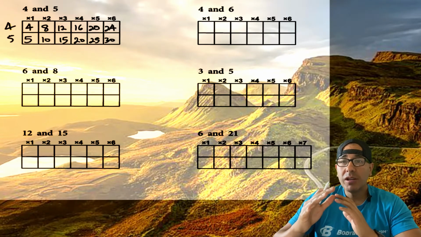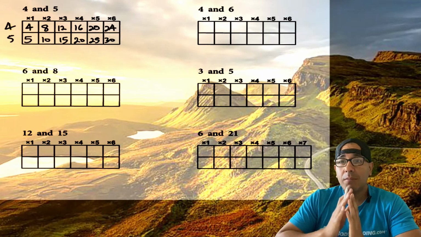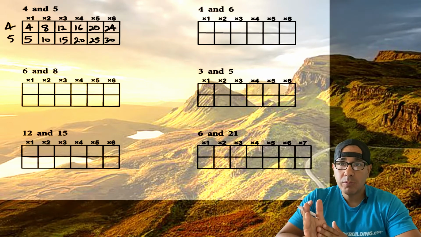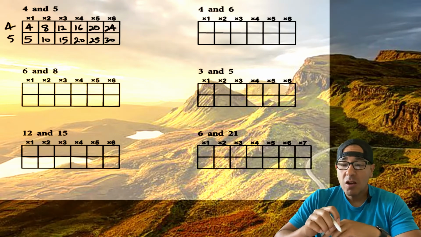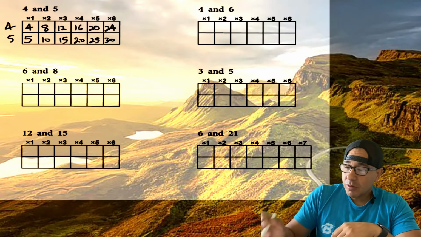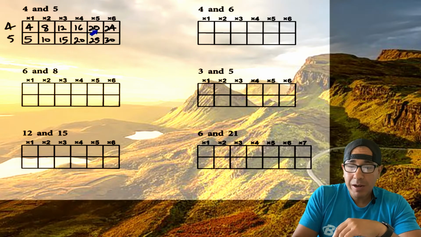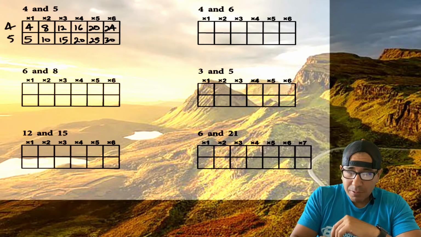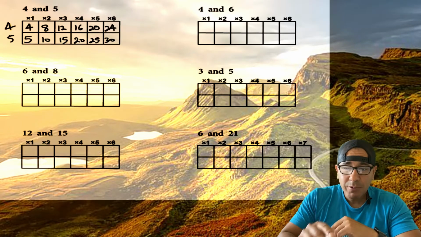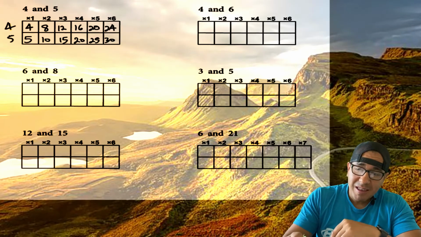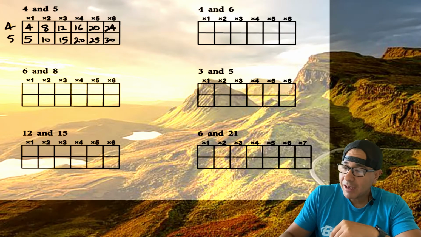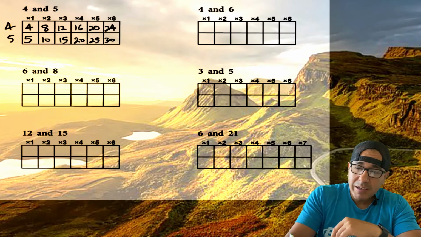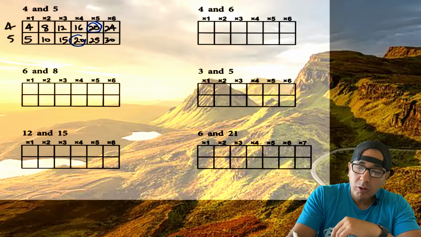When we're looking for the least common multiple, we're trying to see what's the smallest multiple that both of these lists have in common. Looking through this, you can see that the smallest number they both share is 20. Let me circle the least common multiple.